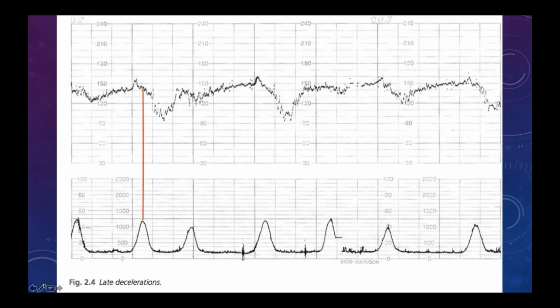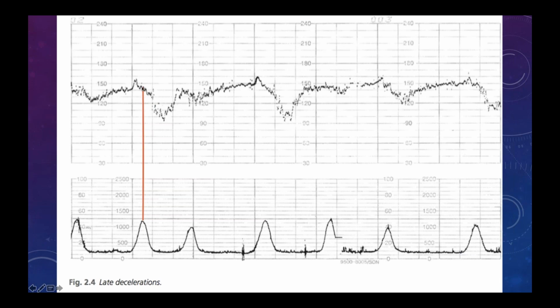Now if you see this, this is the peak of contraction. Deceleration starts here and it ends here, and the contraction has already ended. So this is a late deceleration.